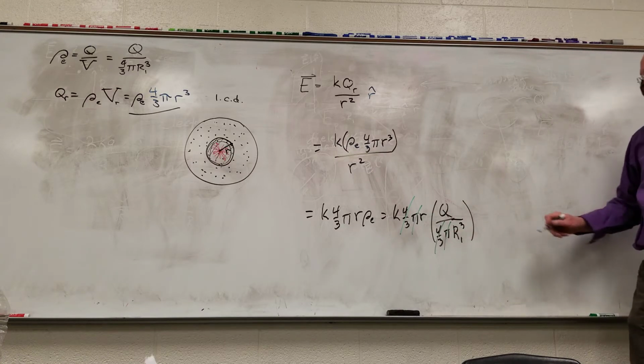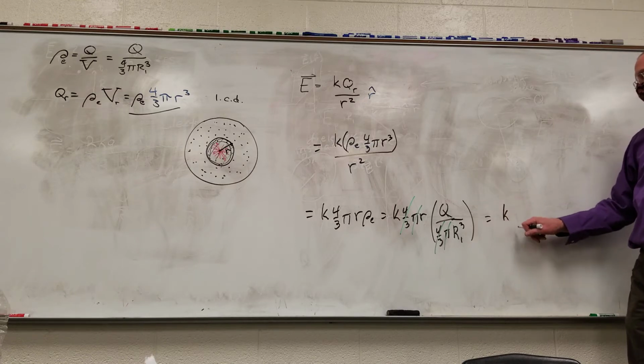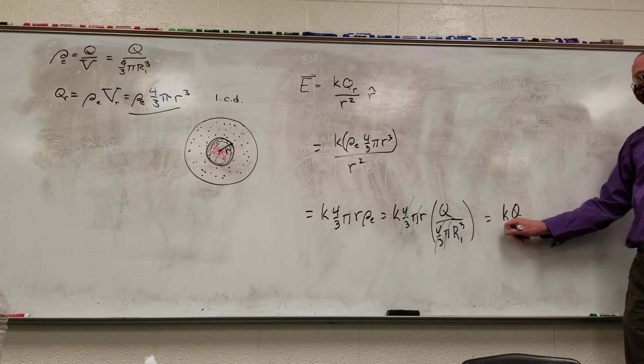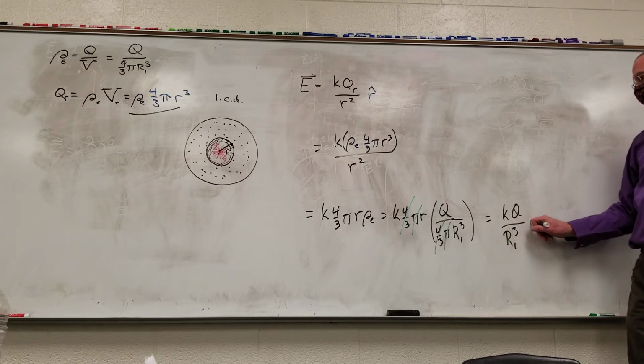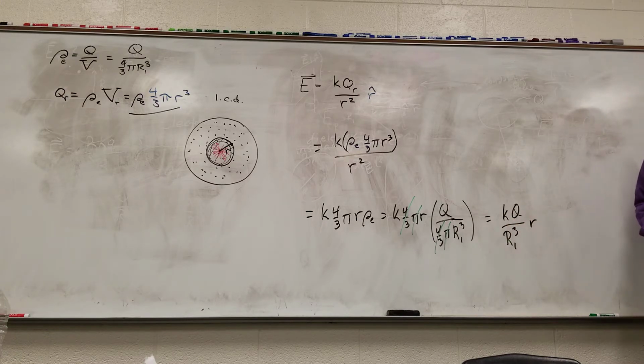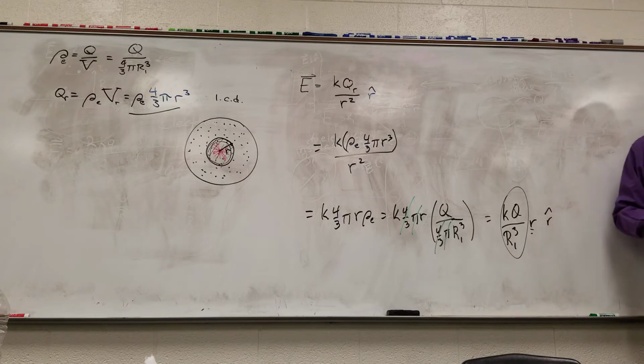I'm left with, therefore, the electric field is the electrostatic constant times big Q over big R1 cubed times R. So basically I have a constant here times R. So that's why it's a linear relationship. And I lost my R hat, so let's bring the R hat back.